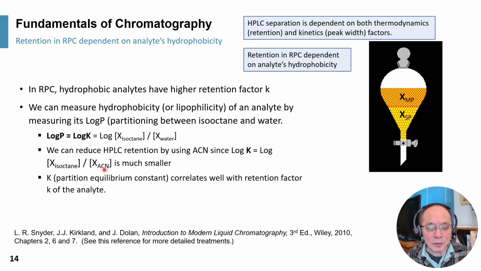So when we use acetonitrile, there's much less partitioning into the stationary phase. Therefore, acetonitrile is a much stronger solvent, and we can use a gradient to push out a more hydrophobic analyte in a complex mixture. So we can say that the partition equilibrium constant, big K, correlates very well with the retention factor K of the analyte.